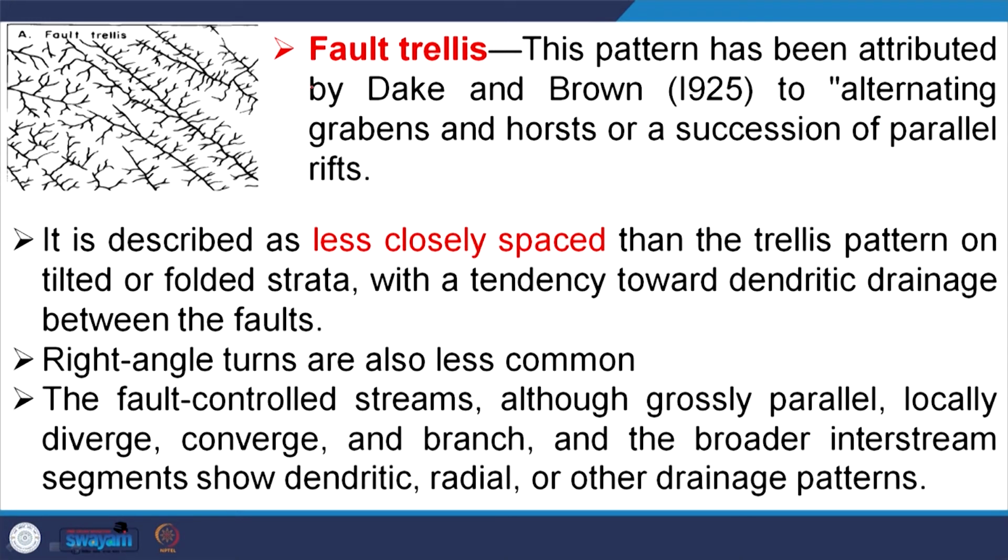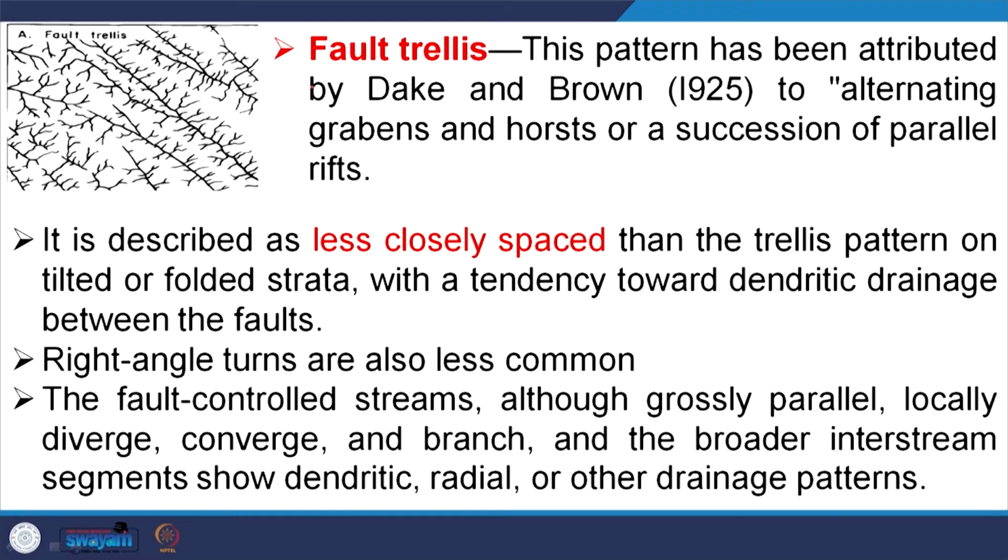So, we are generating here this fault trellis, that means there are faults, grabens and horsts, so a normal fault is always associated. It is described as less closely spaced than the trellis pattern on tilted or folded strata, with a tendency towards a dendritic pattern between these faults.